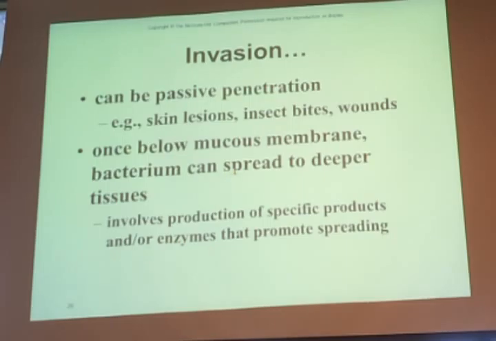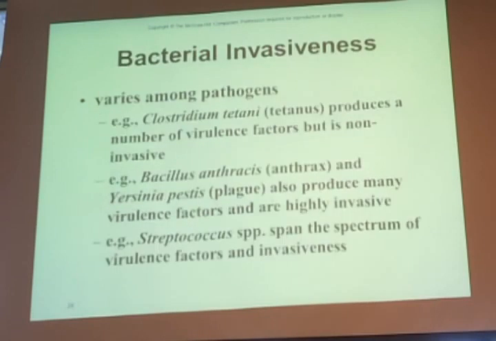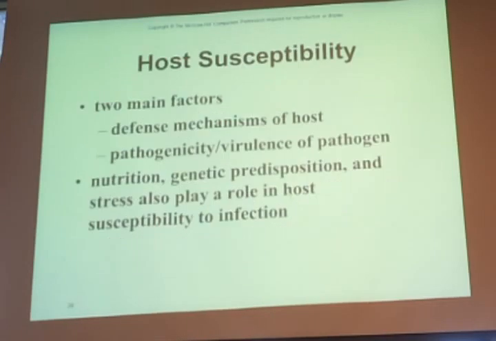If it gets into deeper areas, through the skin, or into other areas in the body, then it's really that virulence that allows it to invade and get into those areas in which you now have less innate immunity. These are just some specific examples.